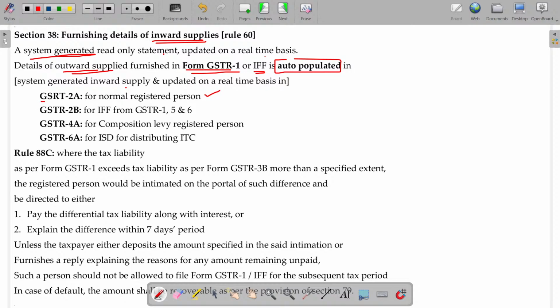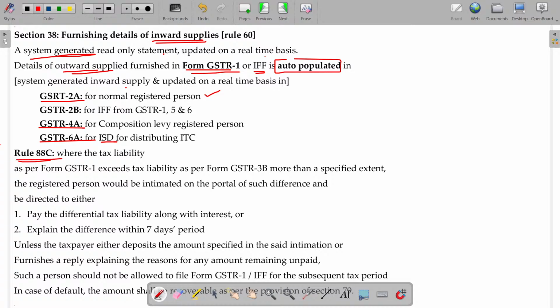Then it will be updated in GSTR-2A. Is that clear? If it is routed through IFF, then it is updated in GSTR-2B. And if it is updated by the composition levy registered person, it will be updated in 4A, and ISD cases come under GSTR-6A.